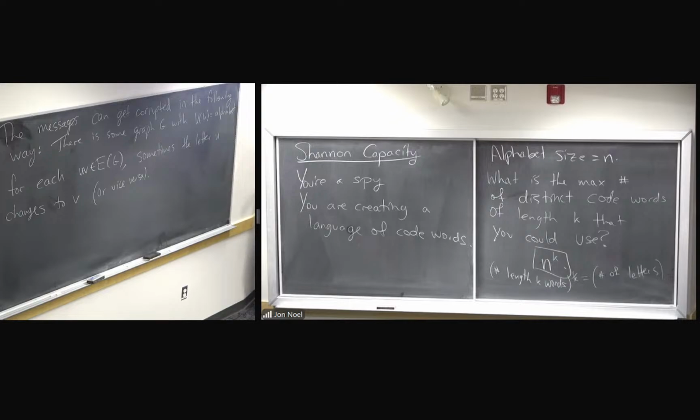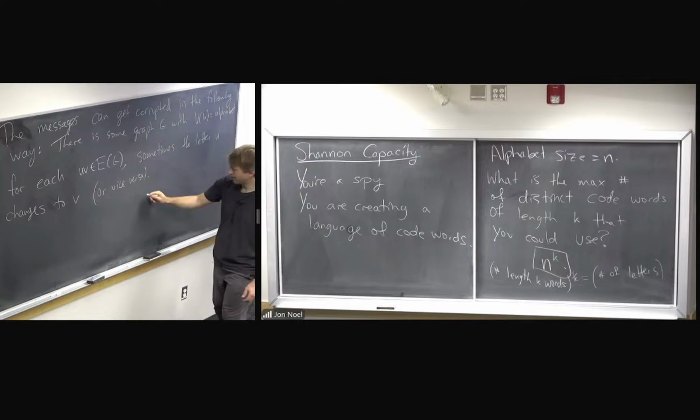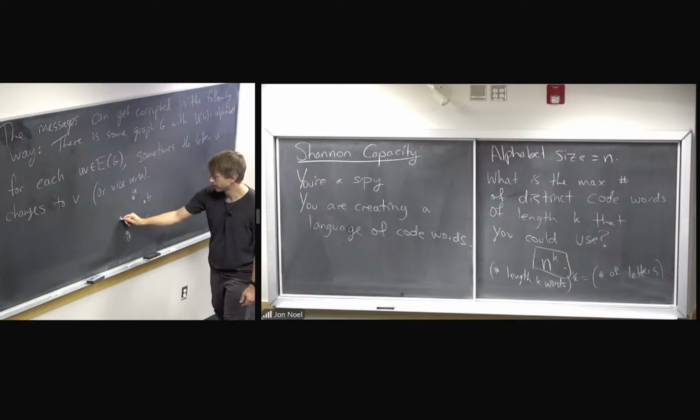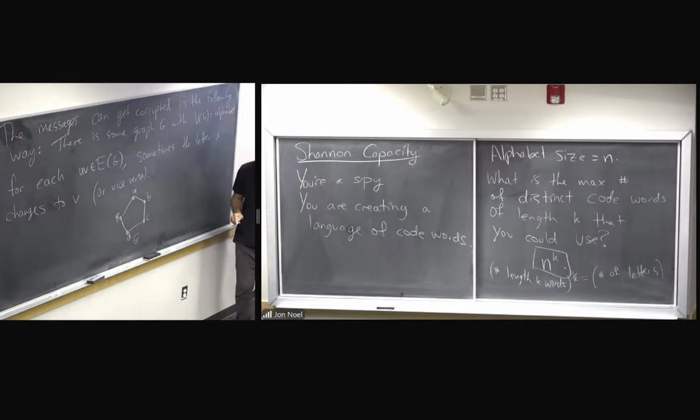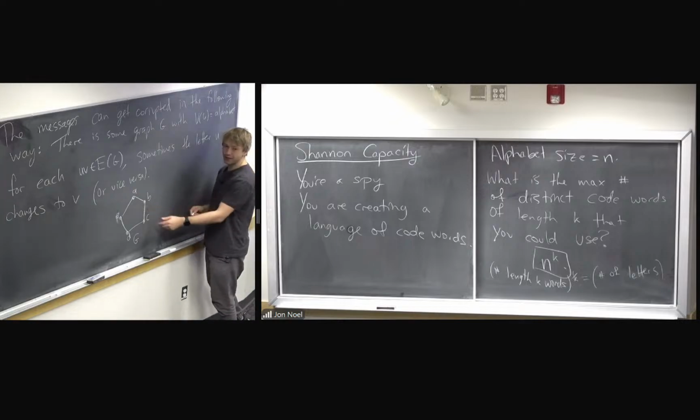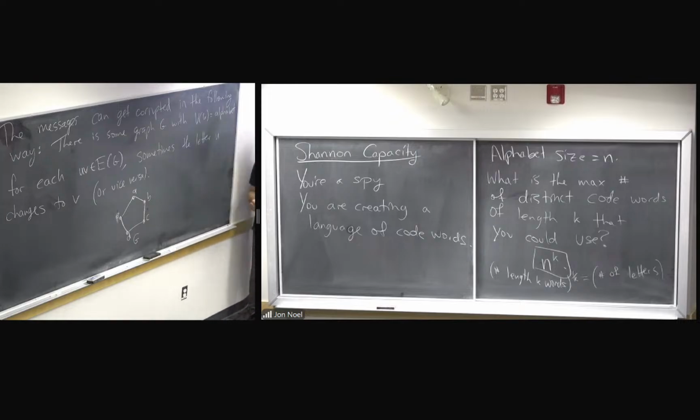As an example, imagine our alphabet is A, B, C, D, E, and maybe my graph G is a 5-cycle. This is going to turn out to be a really interesting case, and we're going to look at it specifically on Friday.